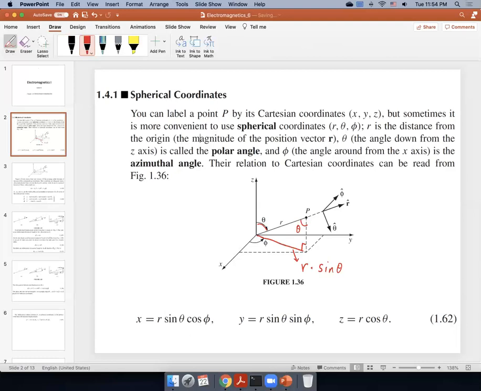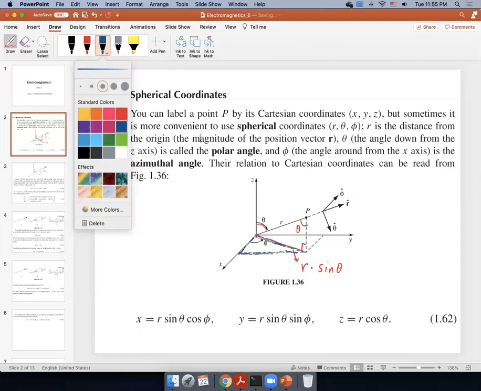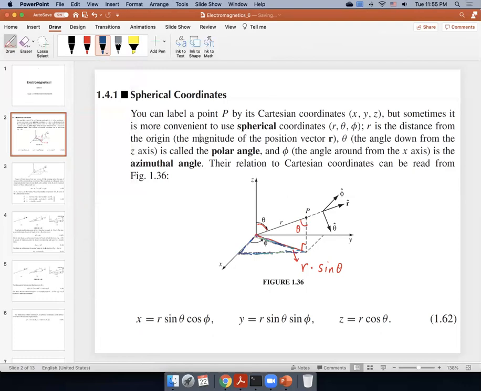So this line is r sine theta. Now if we look at the triangle in blue, we'll figure out that here it's 90 degrees.